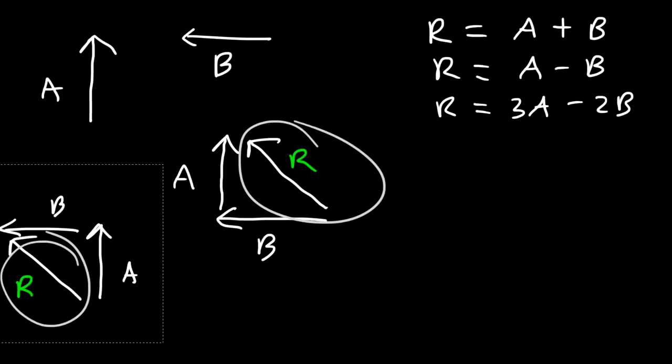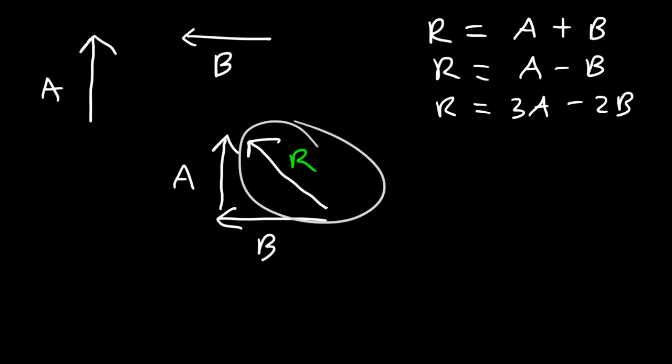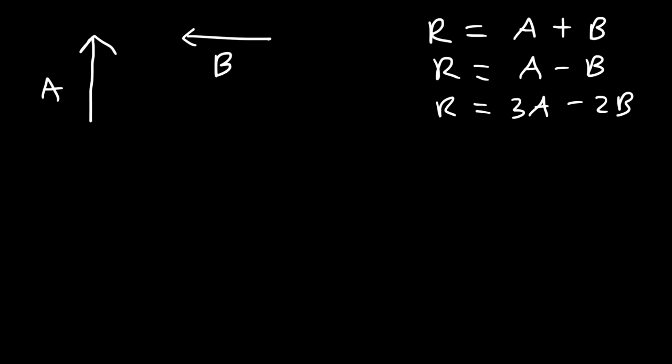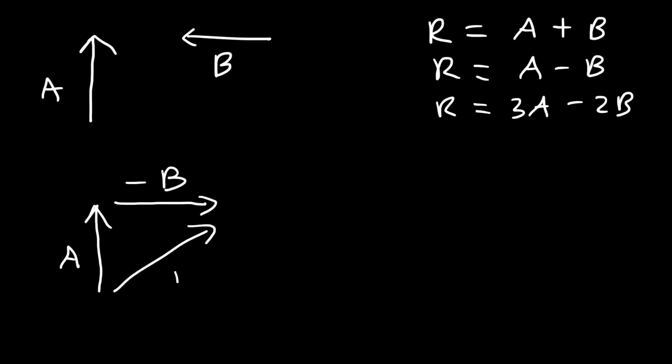Try A minus B. A doesn't change, so I'm going to redraw A. Now, if positive B is towards the left, negative B is going to be in the opposite direction, that is towards the right. So then this is going to be R, which represents A minus B.